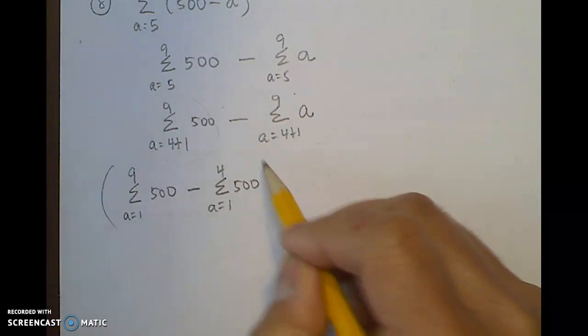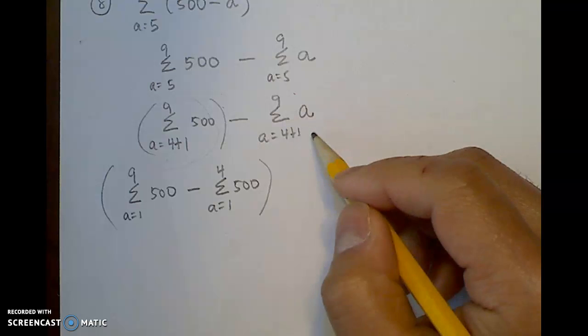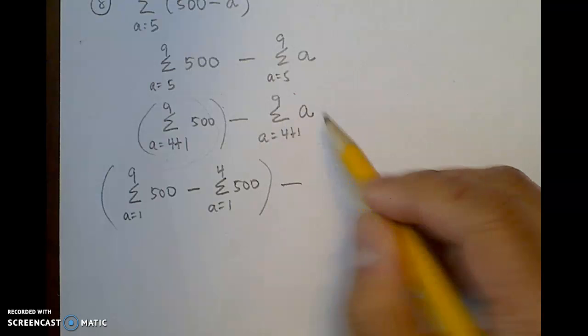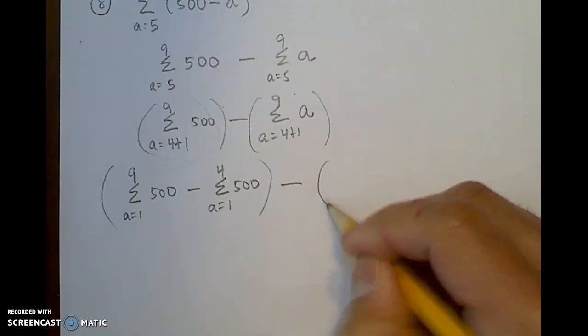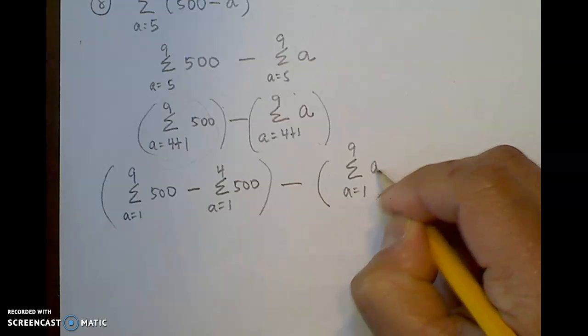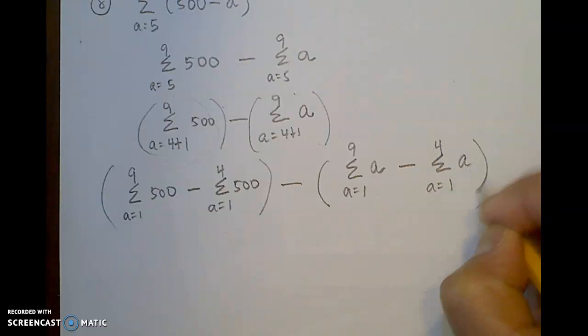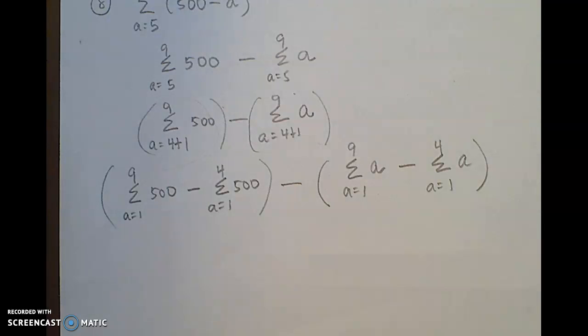All of that is coming from this. And do the same thing for the second half, and subtract all of this. So we've exhausted that particular property.